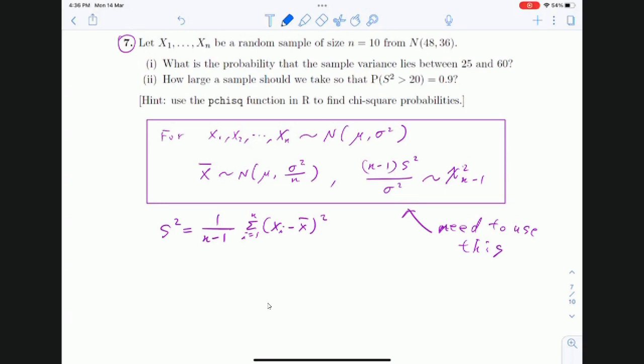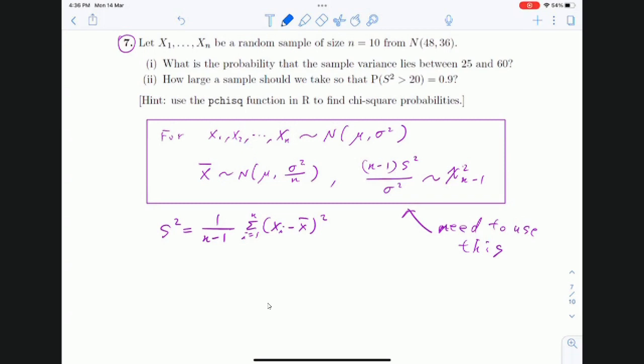So according to the sampling distribution of the statistics from a normal population, these are very important properties because we always have samples from normal distribution. Whenever you have a random sample from the normal distribution, the sample mean will follow the normal distribution with mean mu and variance equal to sigma squared over n.